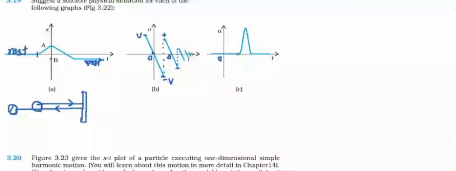The object is moving with uniform velocity. Then momentarily it gets accelerated, decelerated, then again it goes with the same velocity. So what kind of situation can you consider? Here also we can take a ball thrown at a wall, which is going with uniform velocity.